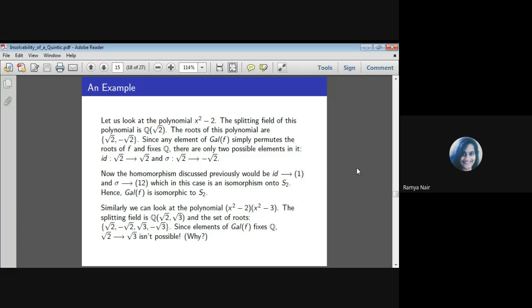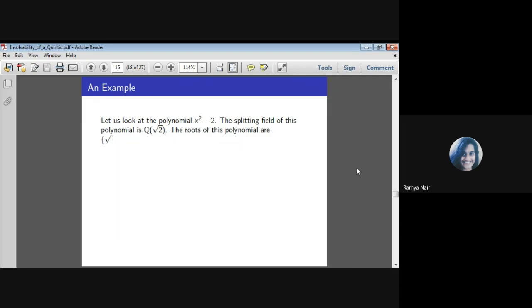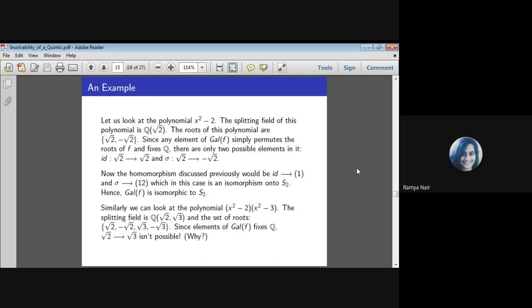You have the identity, where 1 goes to 1 and square root of 2 goes to itself, and the other one, which interchanges square root of 2 and minus square root of 2. So the Galois group of Q adjoin root 2 over Q has exactly two elements.